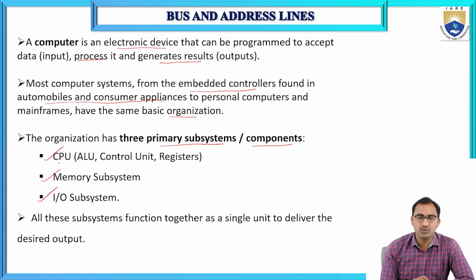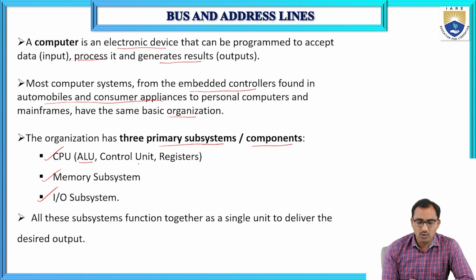The first one is the CPU. The CPU performs various operations, and it consists of three parts. The first one is the ALU, arithmetic and logic unit. This ALU is responsible for performing various arithmetic and logical operations.